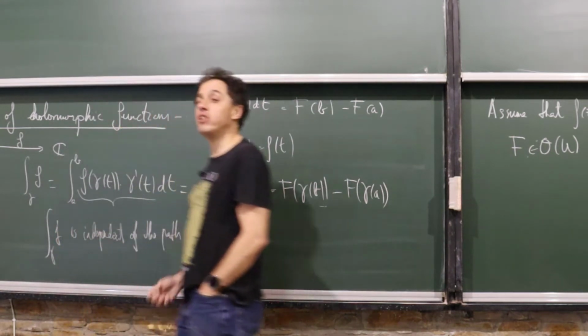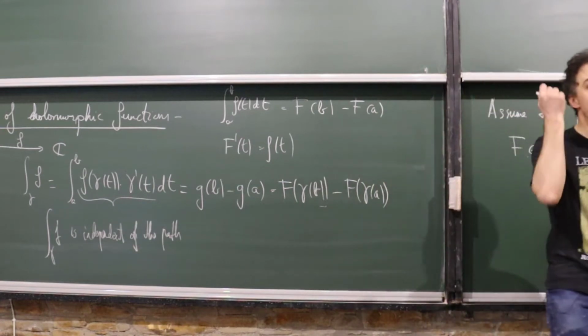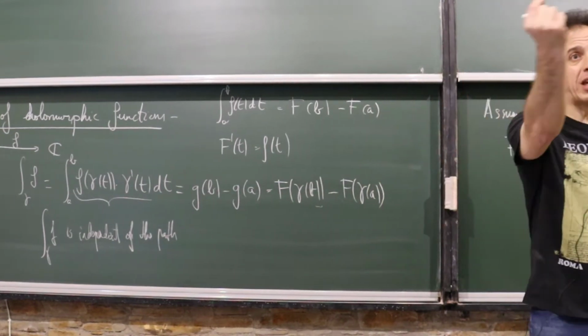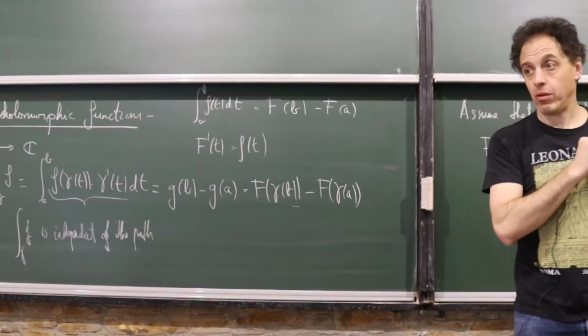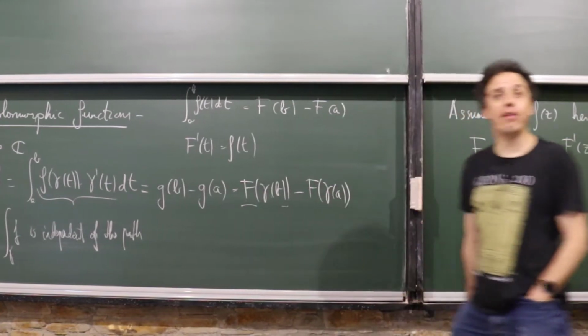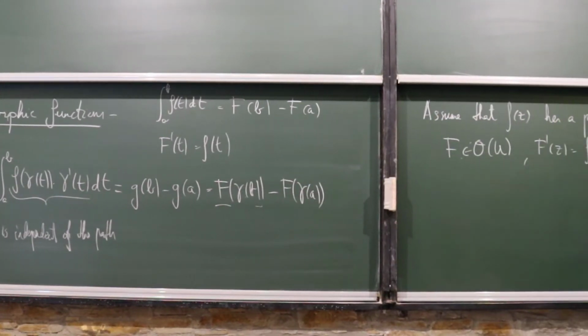I mean, this integral only depends on the initial and the end point of the path, not on the precise path you have. Okay? So you have to evaluate the primitive at the end point and the initial point if the function has a primitive.